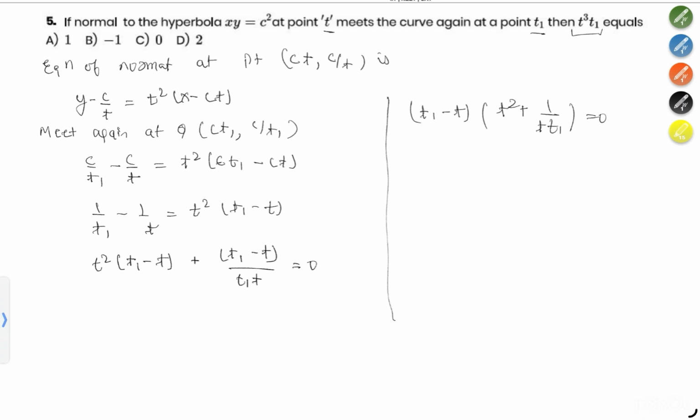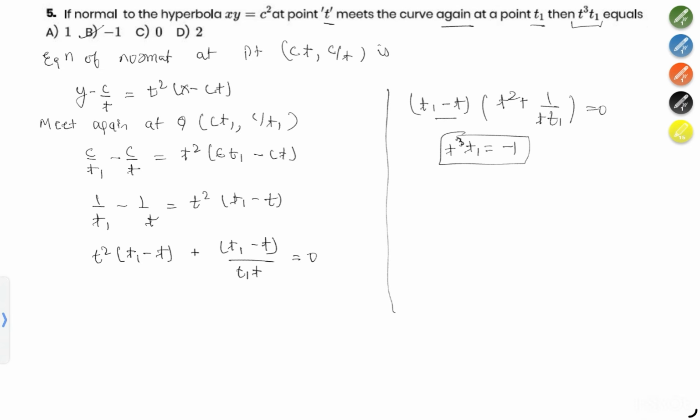That should be equal to 0. Now t1 can't be equal to t, because if t1 equals t, then we get the same point again. But as they have mentioned, it meets again at the point, so it means these two are different points. So this root is invalid for the time being. So we have to take the second root. So we get t cube into t1 equals minus 1.